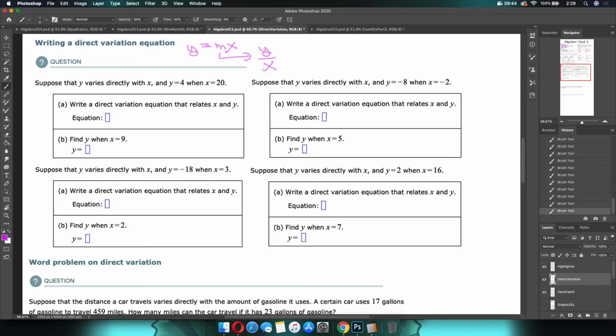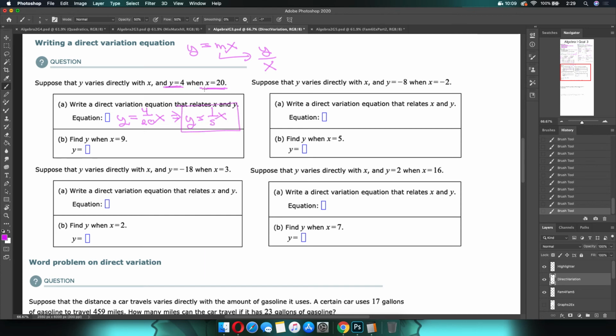That's what we're looking for. So since we're told all of this, then we have everything we need. There's my y, there's my x. Therefore y equals 4/20 x. And they do want you to write it in simplest form, so that becomes y equals 1/5 x. That's all they're looking for here.